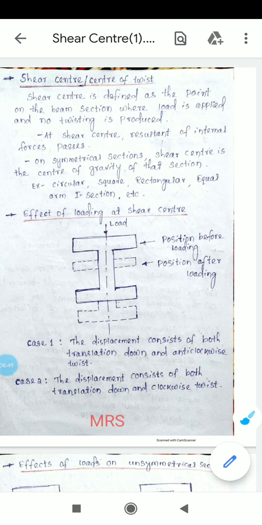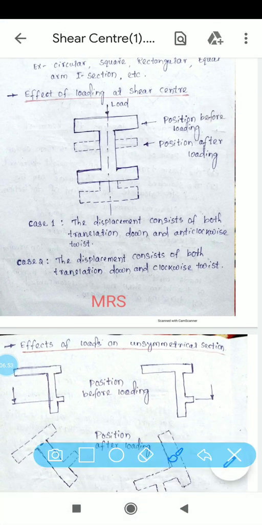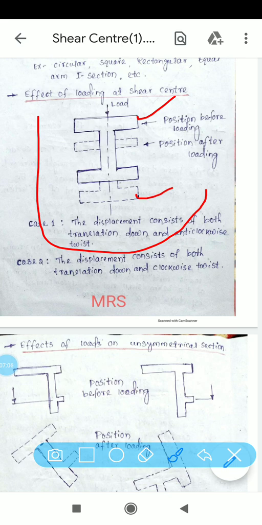Next one is the effect of loading at the shear center. See this diagram: this one is an I type of section. The first diagram shows the position before loading, and the dotted line shows the position after loading. Whenever you put a load here, the displacement should be downward. It may be clockwise, it may be anti-clockwise, but the deflection is downward.